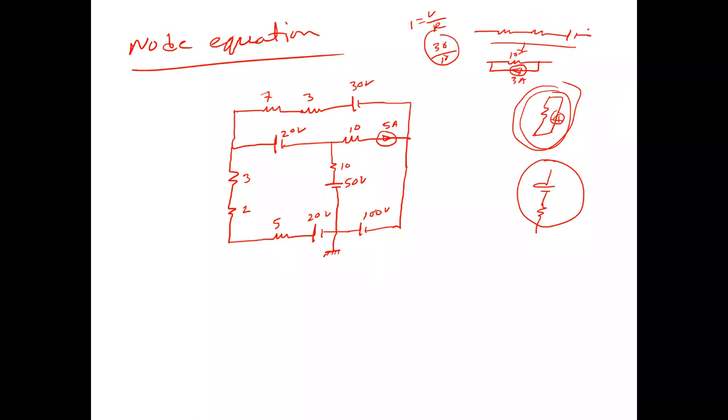This is called source conversion: voltage to current. Previously we transferred current to voltage. If a current is parallel with a resistance, then the voltage source is in series with the resistance. Suppose this 10 ohm and 3 ampere, so our voltage is 30 volt with the 10 ohm resistance. This is source conversion, current to voltage and voltage to current.